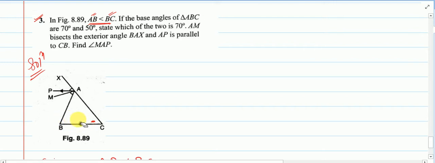See over here, one thing is clear that this 70 and 50 are here. So the total will be 70 plus 50, that is 120. So this remaining has to be how much? 60 degree. Clear?